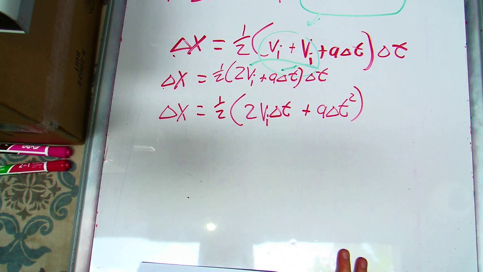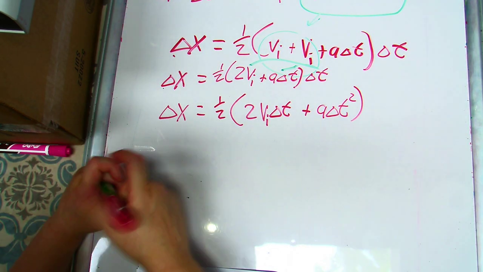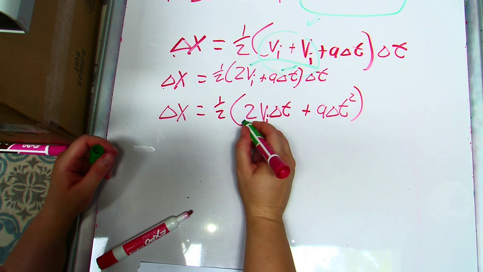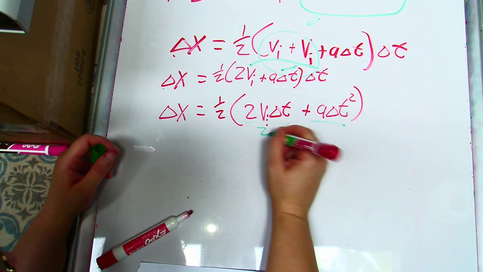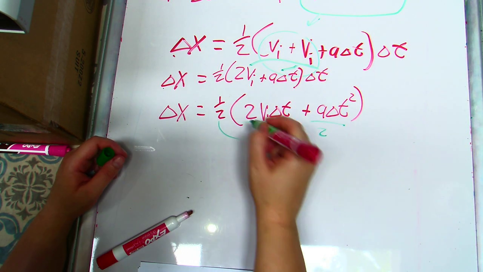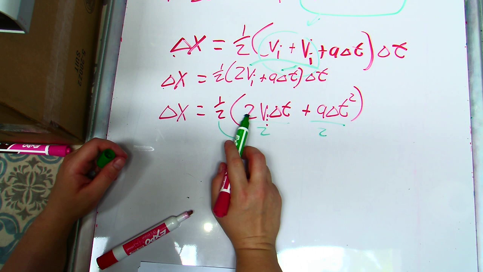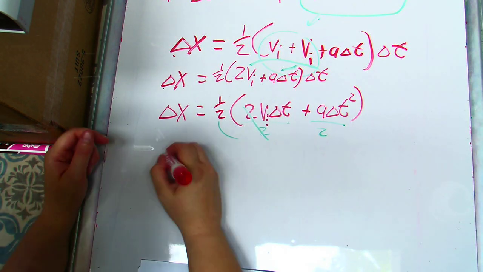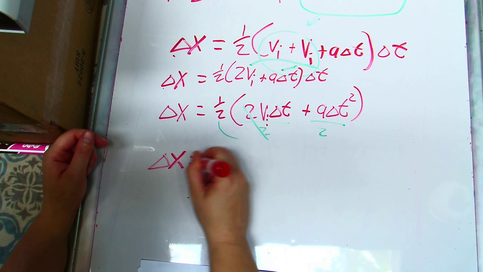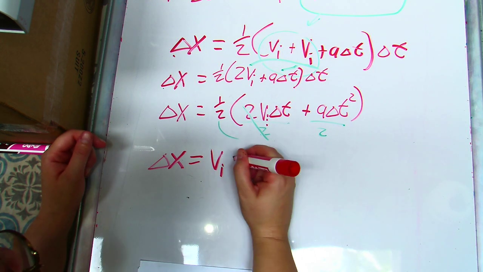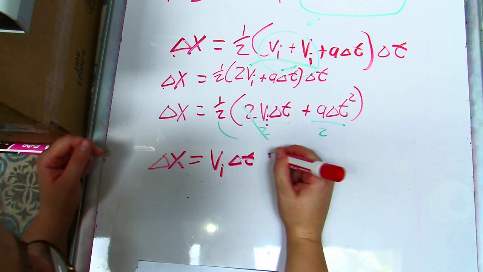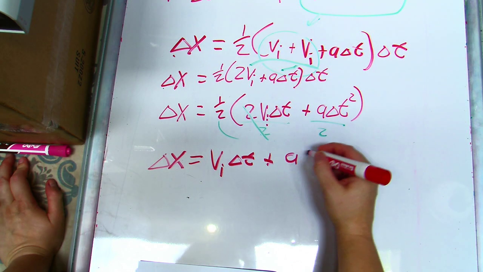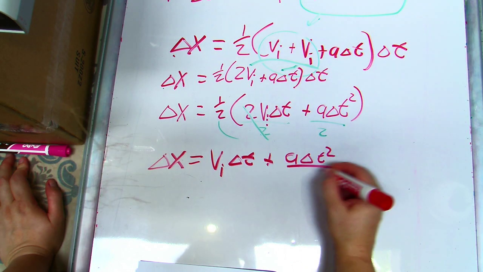So now what we're going to do is distribute the 1/2. So essentially we're going to divide each of these by 2. Now, since we have a 2 here, this will cancel out, and we are left with delta x equals vi delta t plus a delta t squared over 2.